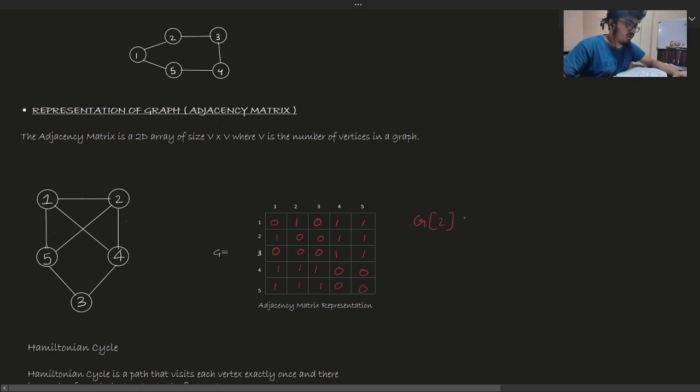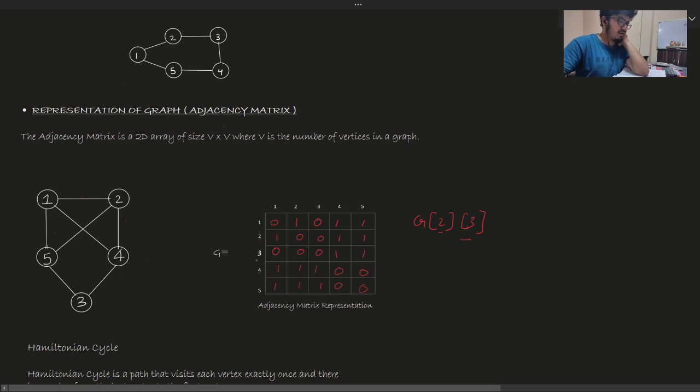Take 2 by 3. What does it signify, guys? Is there any edge between 2 and 3? We can directly extract it from this matrix: G of 2 and 3.